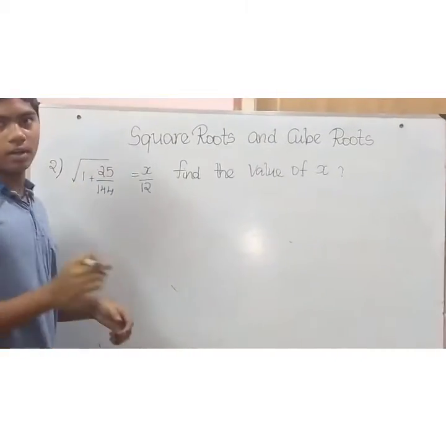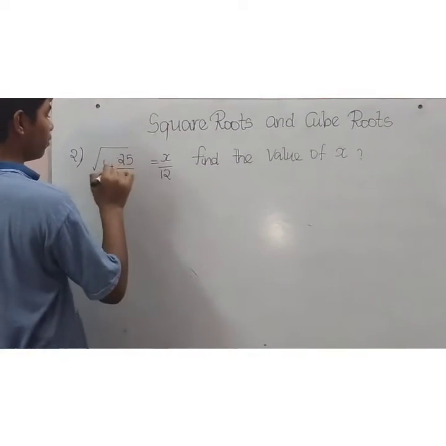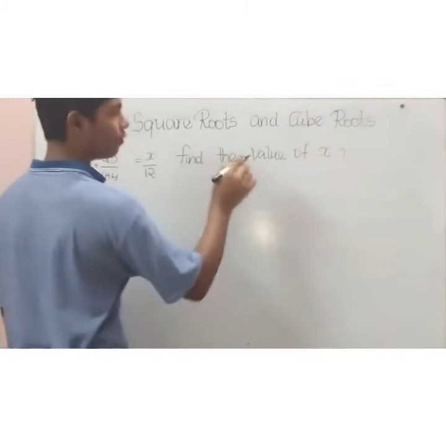Now the second question. That is root of 1 plus 25 by 144 is equal to x by 12. We have to find the value of x.